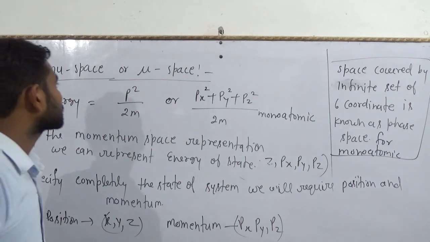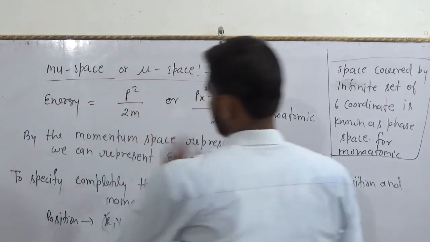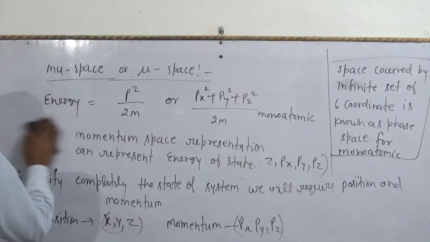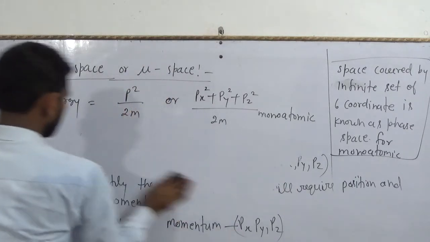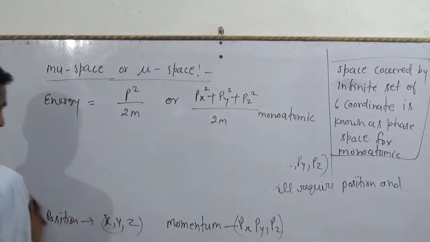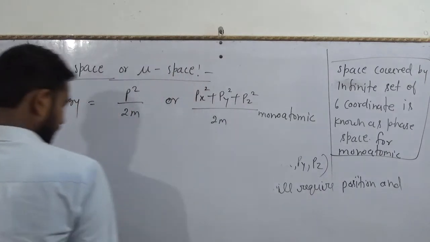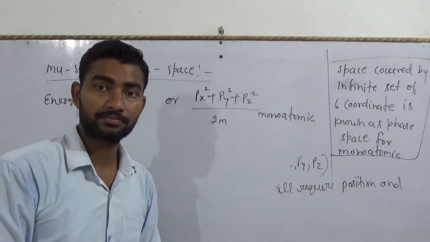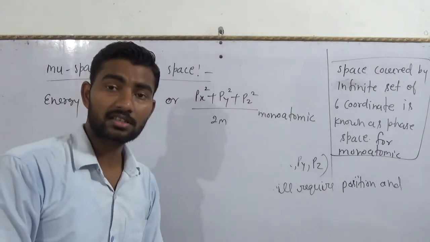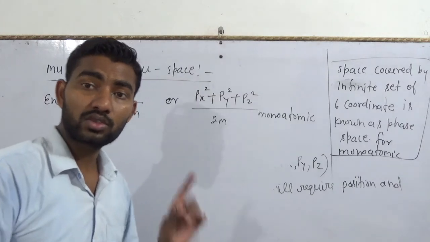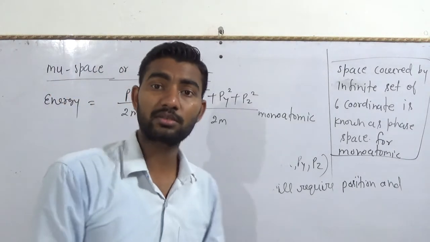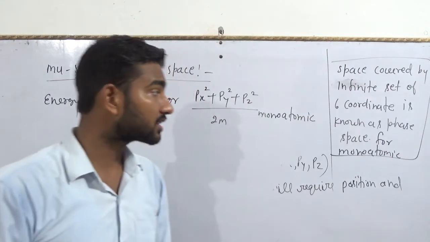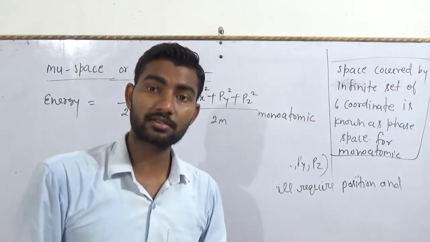Friends, here we want to discuss mu space. We can understand the definition of mu space very easily. As we have told you, to specify completely the state of the system we have considered, we will require 6 coordinates, and the infinite set of these 6 coordinates is known as phase space.